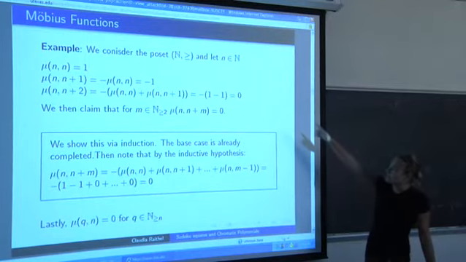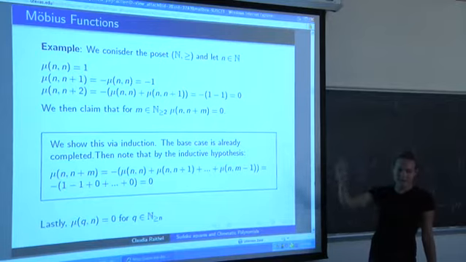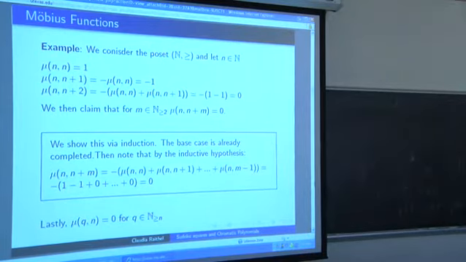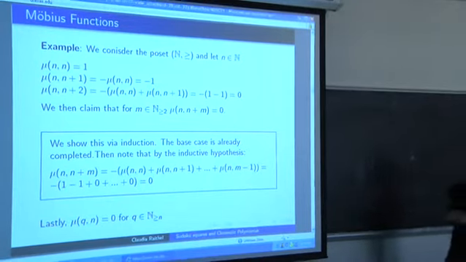If you fix a natural number n, then mu of n, n is equal to 1, by the first point right here.